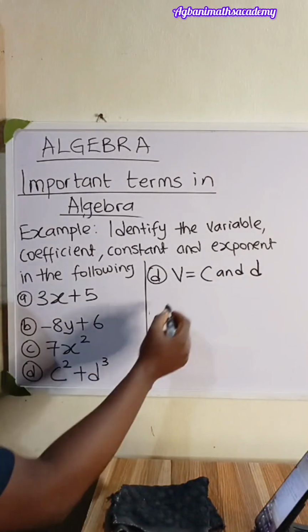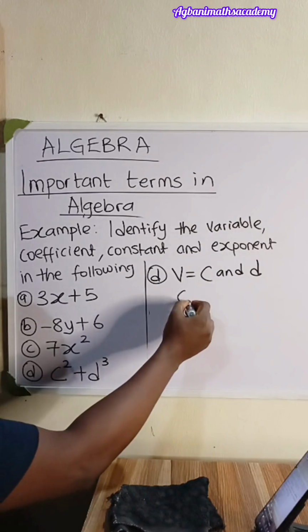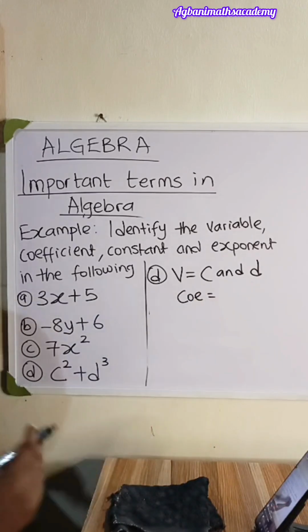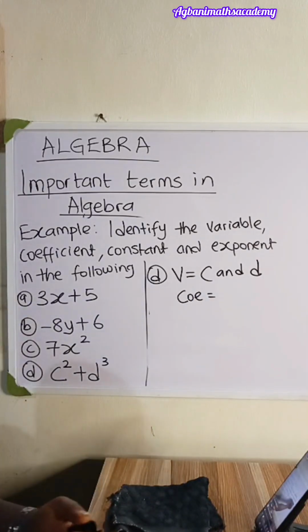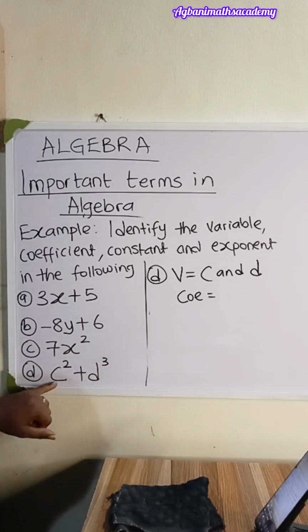Okay. Do we have coefficients? Wherever I see a variable, there is always a coefficient. So if there are 2 variables, that means there are 2 coefficients, because each of those variables will have numbers in front of them. So looking at C here, is there any number in front of C?